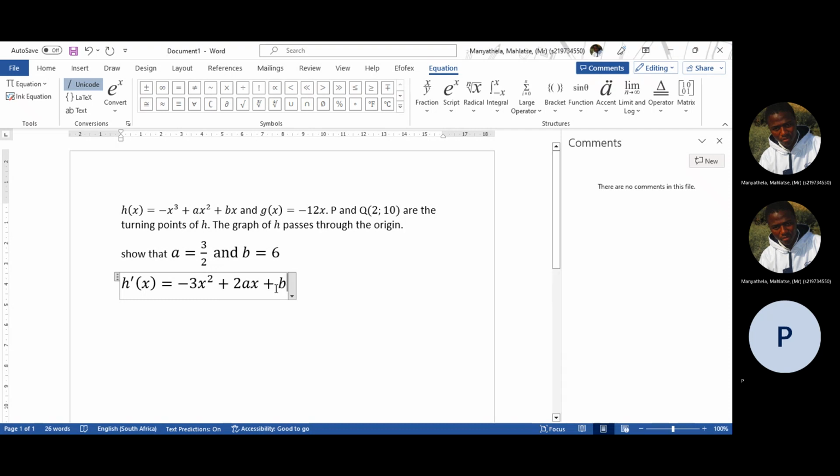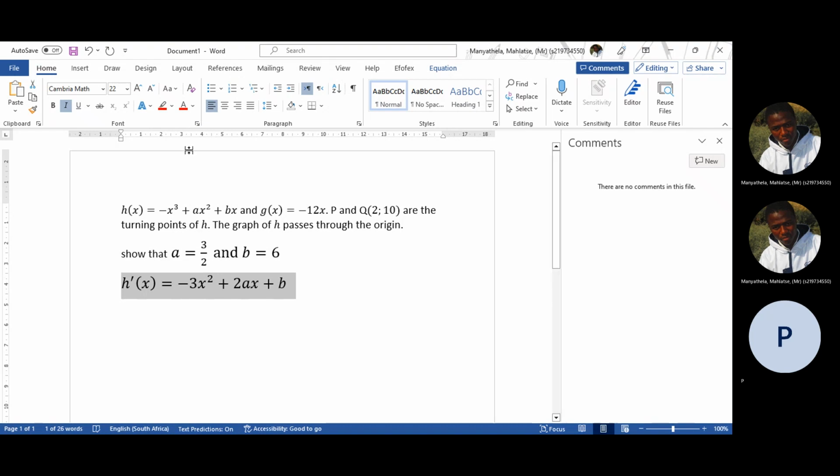So in the next step, I will replace x by 2 and equate it to 0.